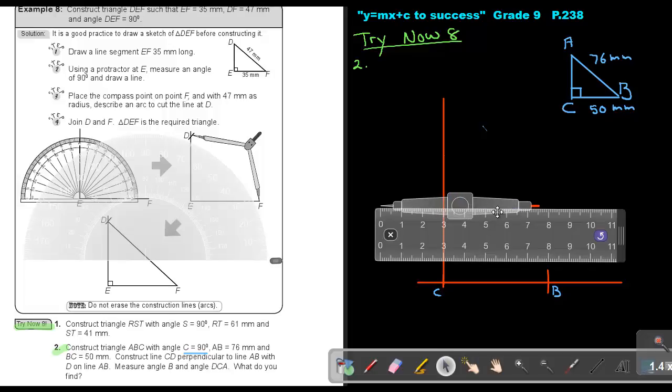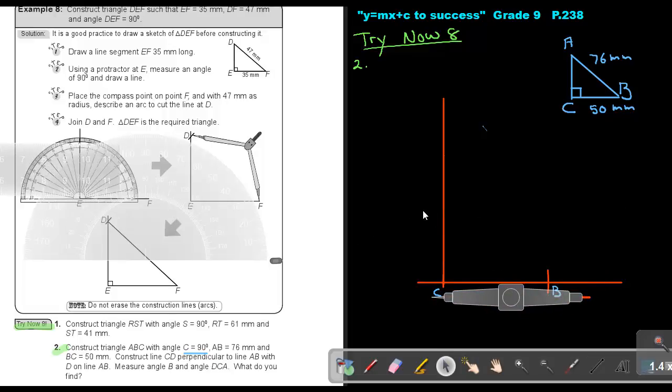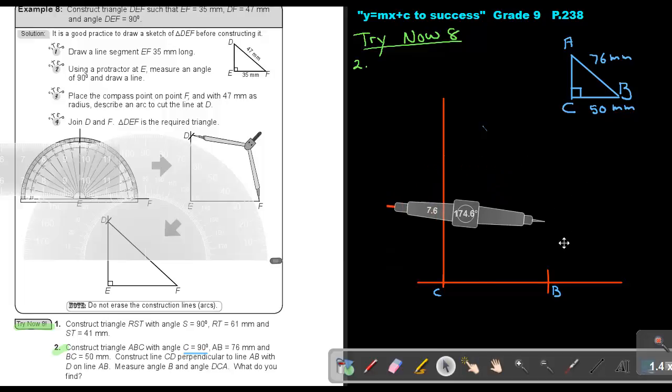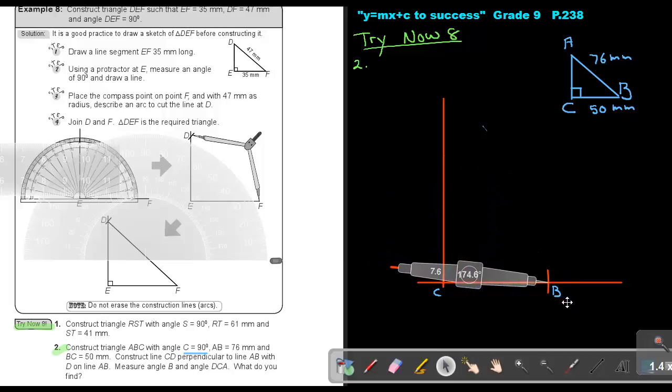Then turn it around and put the needle at B, at 7.6.